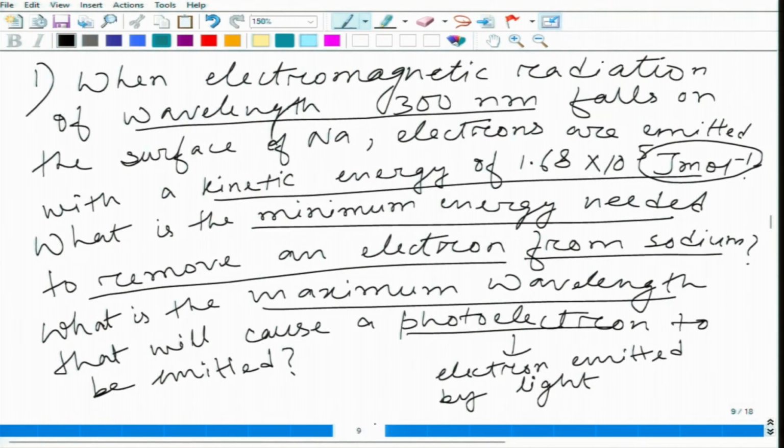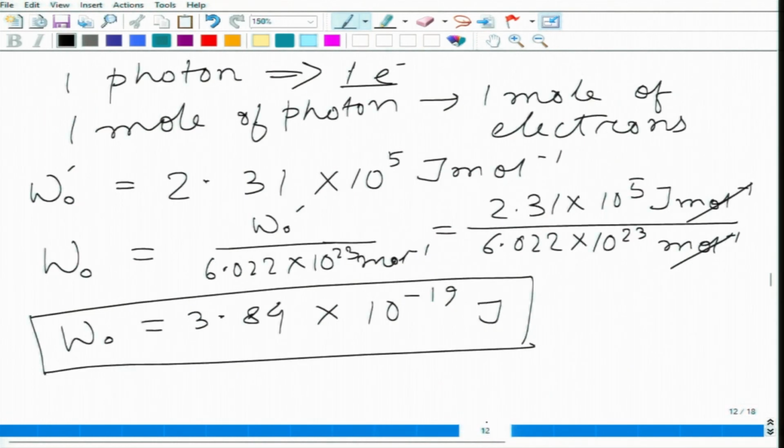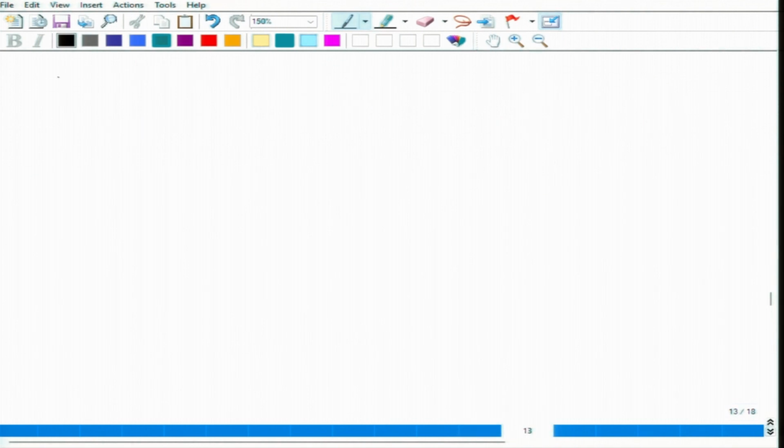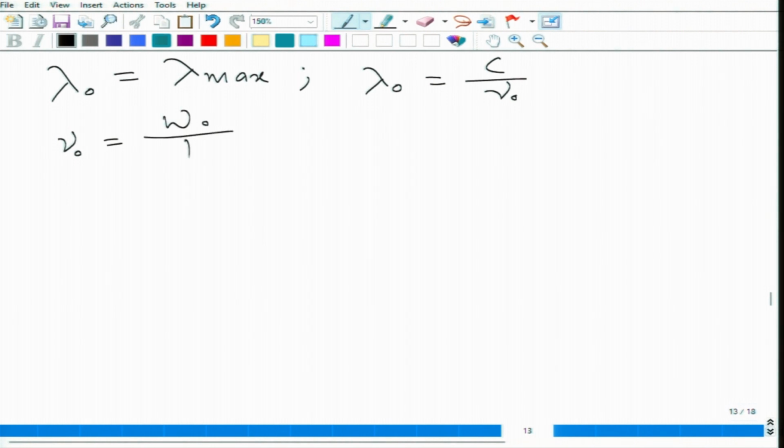Now the second question was the maximum wavelength that will cause a photoelectron to be emitted. What will be the maximum wavelength? If lambda naught is the maximum wavelength, then lambda naught is equal to C by nu naught. How will we get nu naught? Nu naught will be equal to work function by h, since work function is equal to h nu naught.